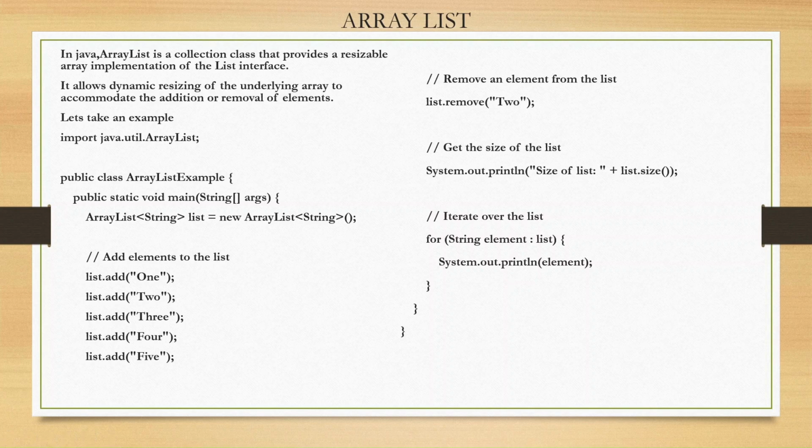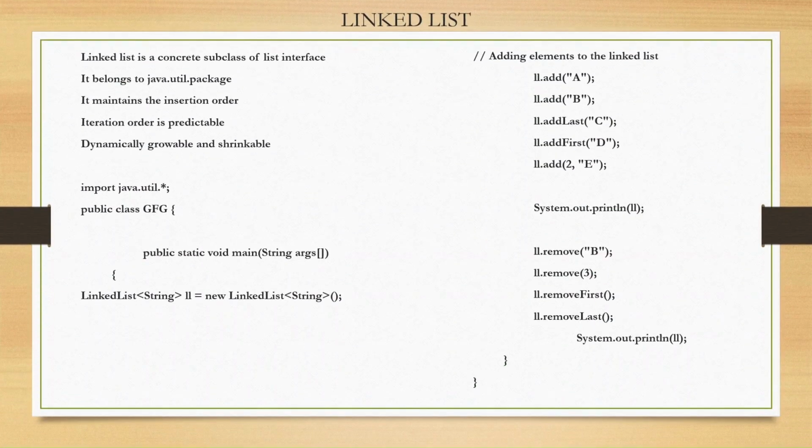As the values are stored as strings inside the list, you can use all the string functionalities as well. Coming to linked list, it is a concrete subclass of the list interface and it belongs to the java.util package. It maintains the insertion order, and the insertion order is predictable, dynamically growable, and shrinkable.